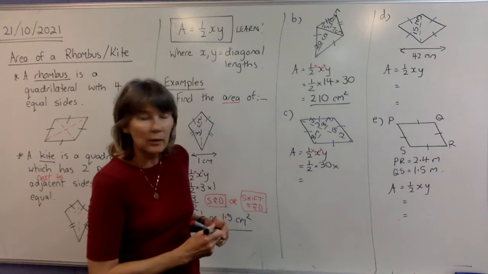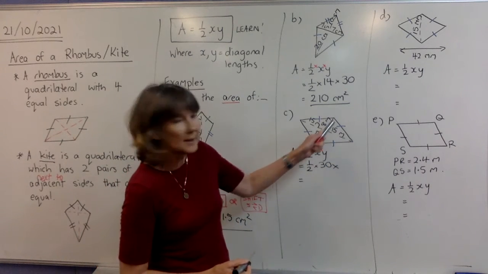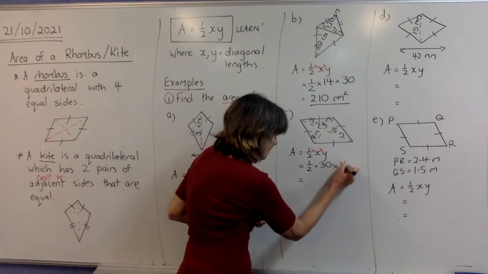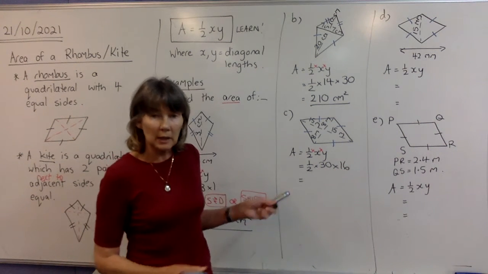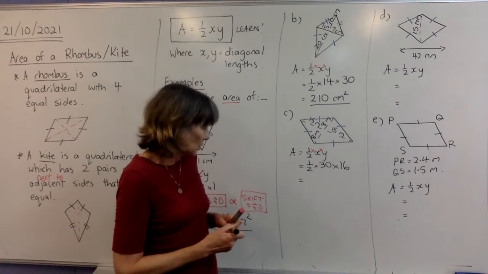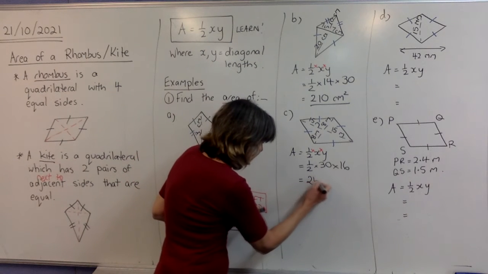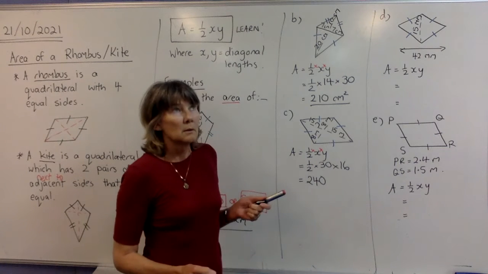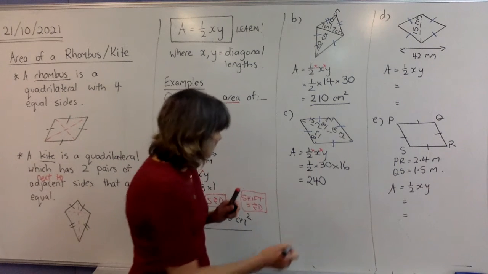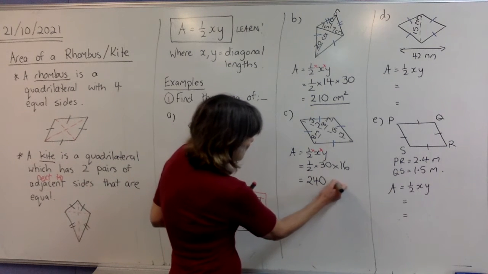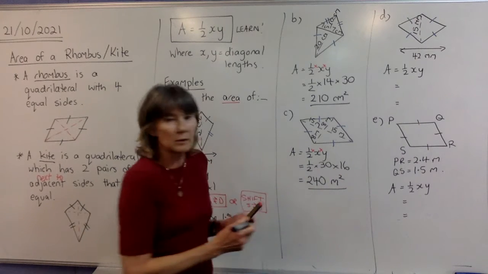And the one going the other way, 8 plus 8 is 16. Now you put that in your calculator, a half times 30 times 16, and I think you're going to get 240. Yes, you'll get 240, and then you put metres squared on the end.